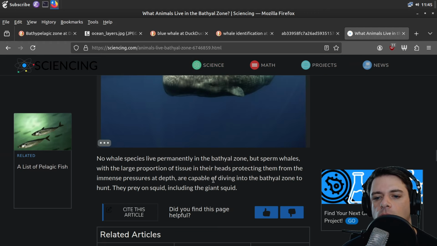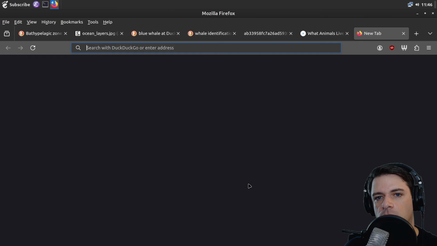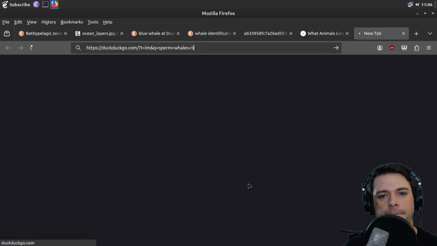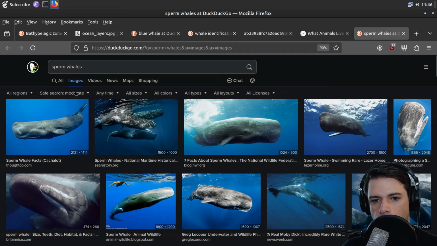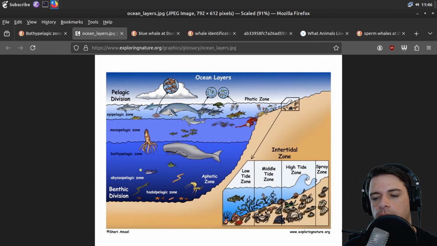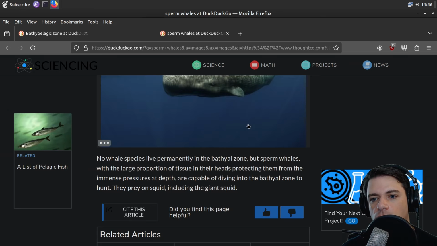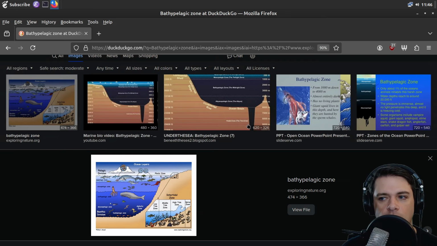No whale species live permanently in the bathyal zone, but sperm whales, with the large proportion of tissue in their heads protecting them from the immense pressures at depth, are capable of diving into the bathyal zone. Okay. Yep, that's a sperm whale, I guess. Cool. All right, so you can order your Whales of the World poster.